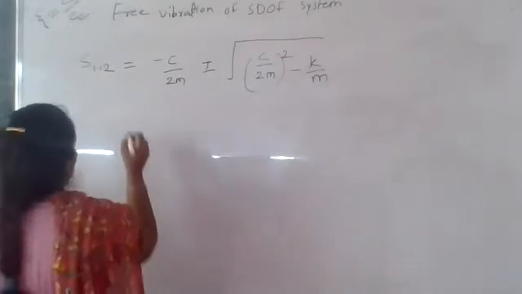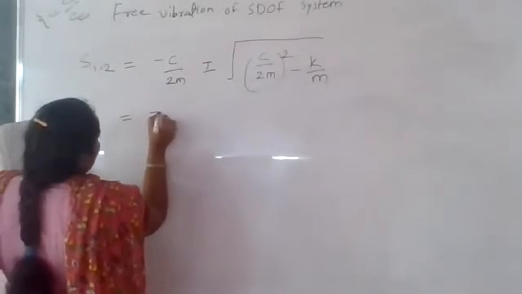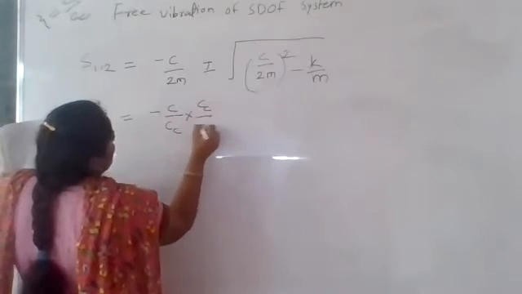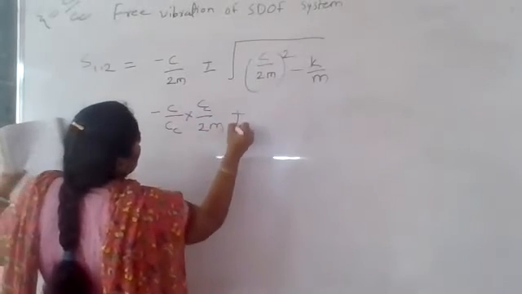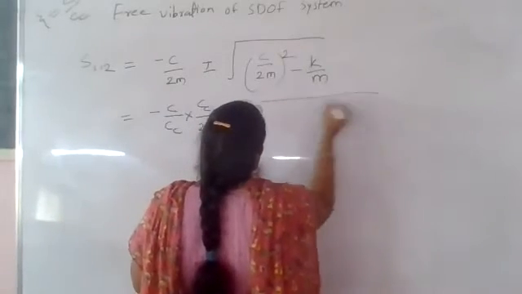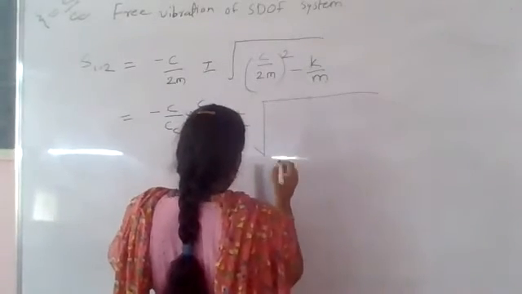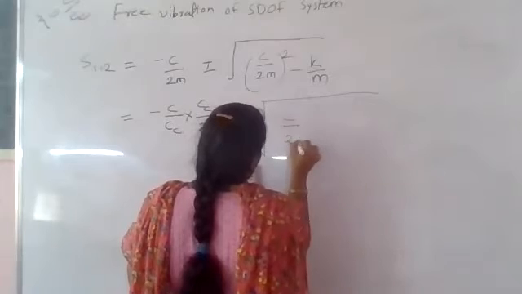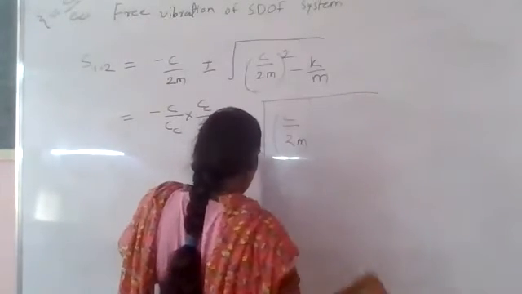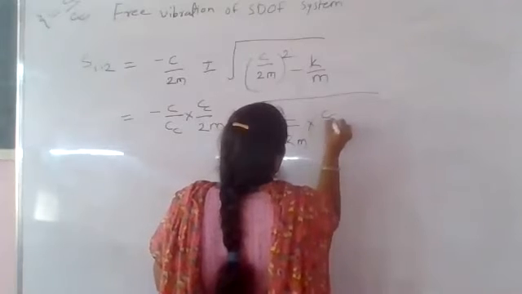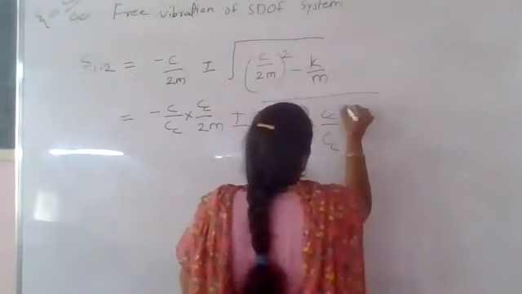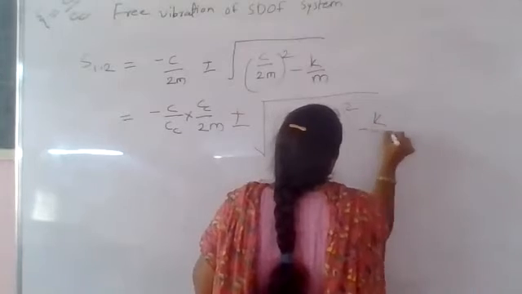So what we have to do here: there is minus C by Cc into Cc by twice M plus or minus root of (C by twice M into multiplication of Cc divided by Cc) bracket square minus K by M.